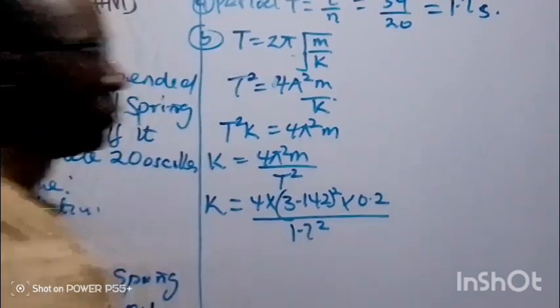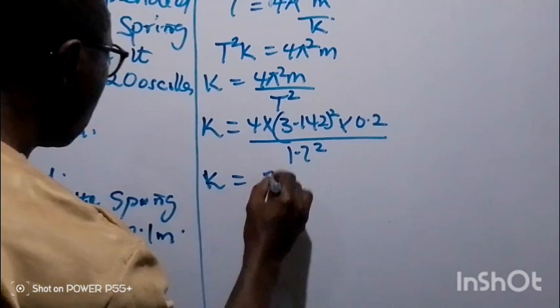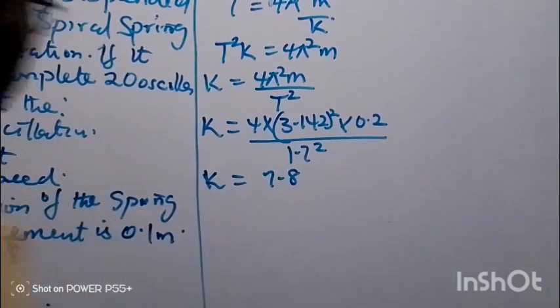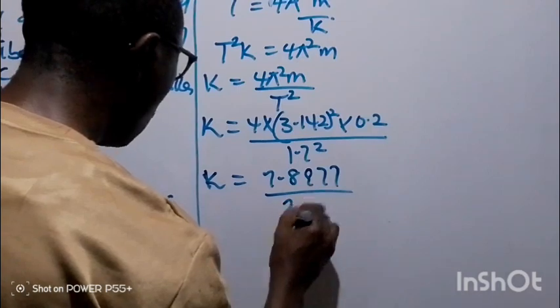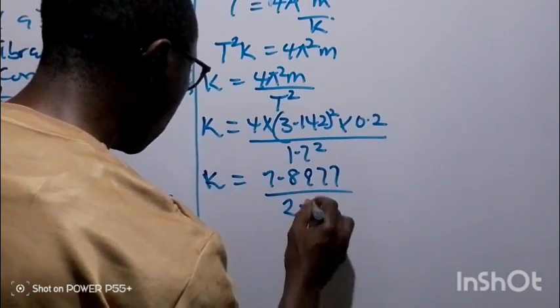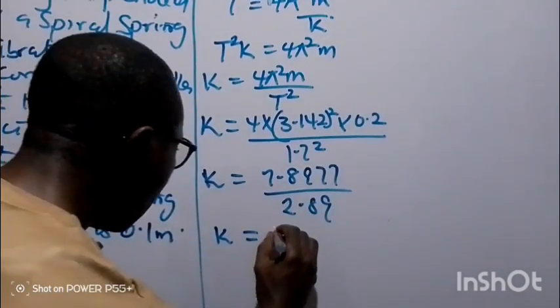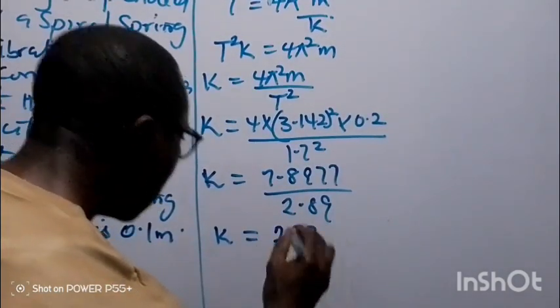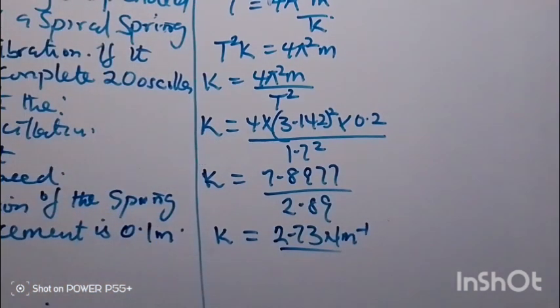That is 7.8977 divided by 1.7 square, that's 2.89. The final answer for K will be 2.73 Newton per meter. That is the force constant.